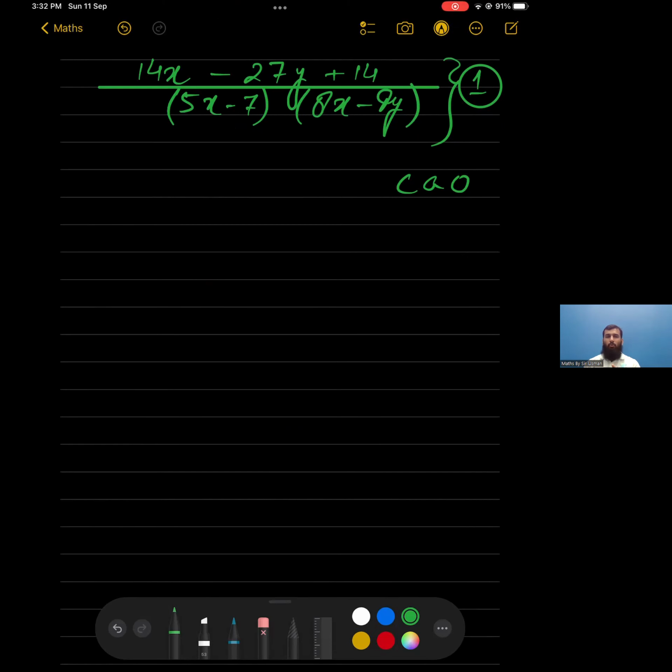And in case you were simplifying the denominator, if you are multiplying the denominator, you need to make sure that you leave the denominators also in the simplest possible format.